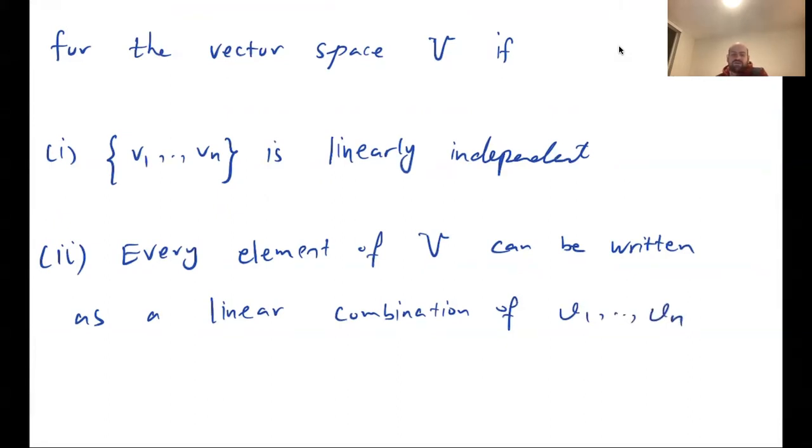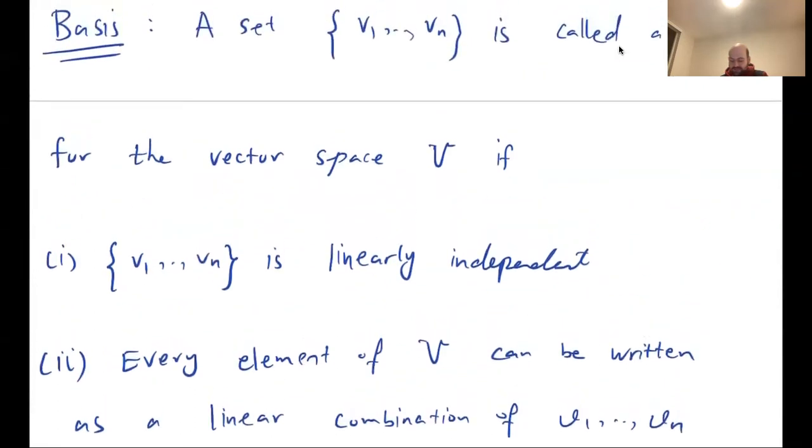So you already know about the concept of linear combination. If every element of V can be written as a linear combination of V1 to Vn, and also if V1 to Vn is linearly independent, if both these two conditions hold, then we call V1 to Vn a basis for the vector space V.